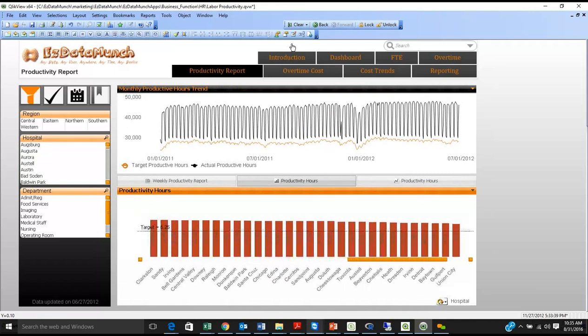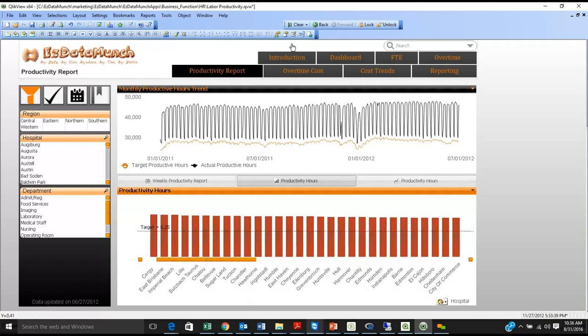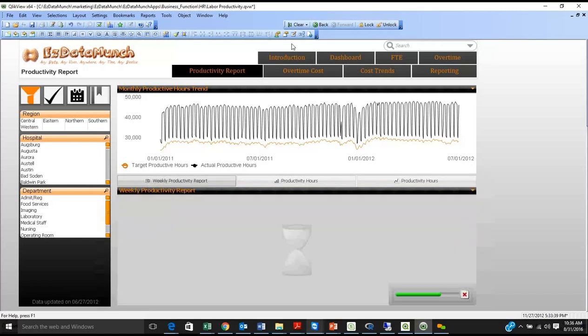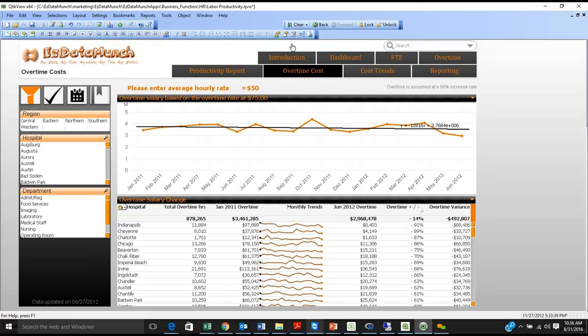So people have been largely productive, but that also means that this hospital is understaffed because they are constantly working beyond the target numbers, and they are managing more patients than they should be based on the target that was set. So definitely this hospital needs to bring in more nursing staff, more caretaking staff, so that they can actually reduce the overtime and have better care and better management for their patients.